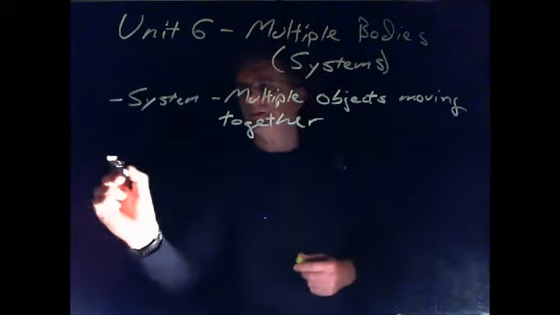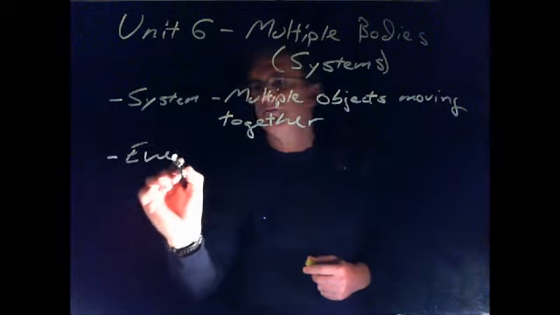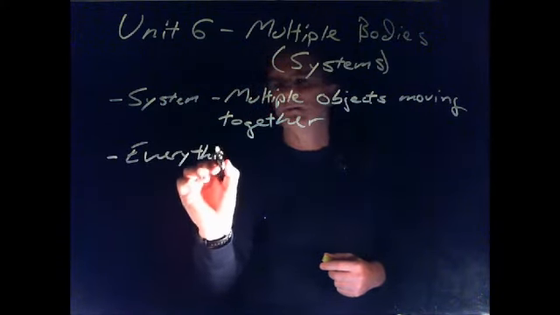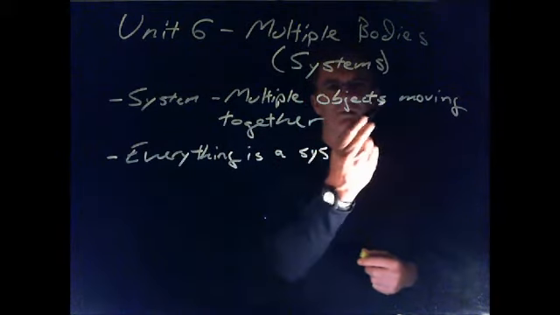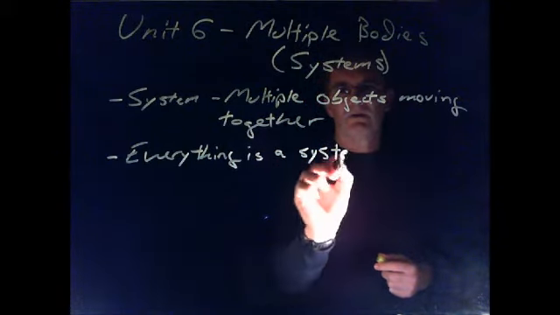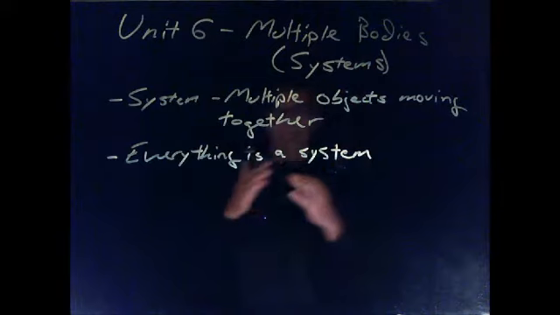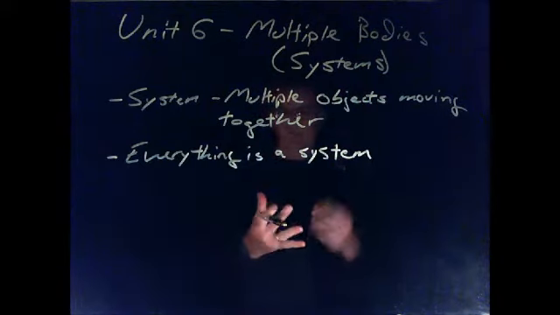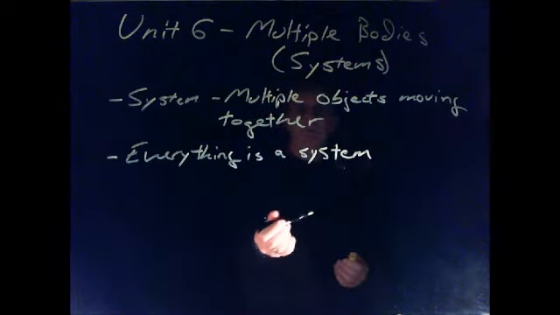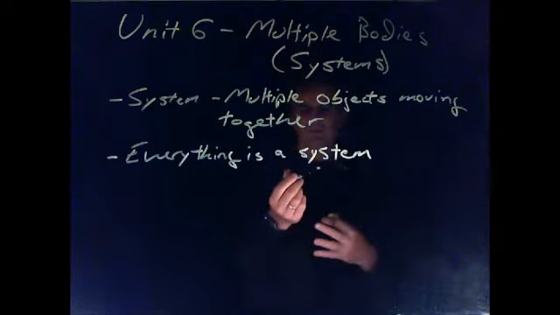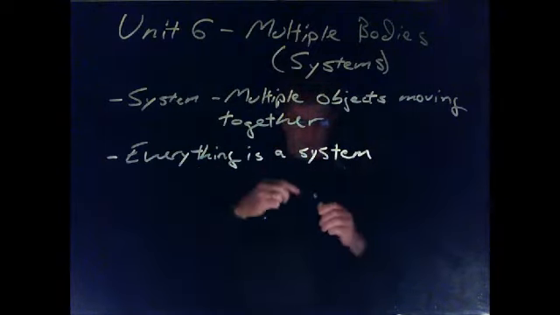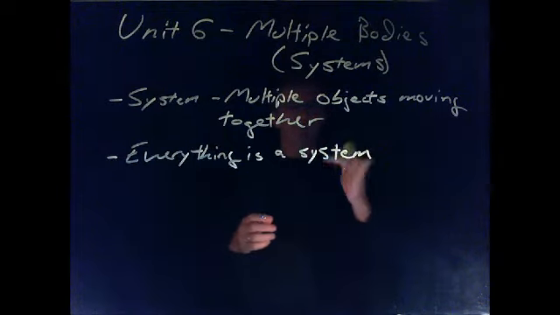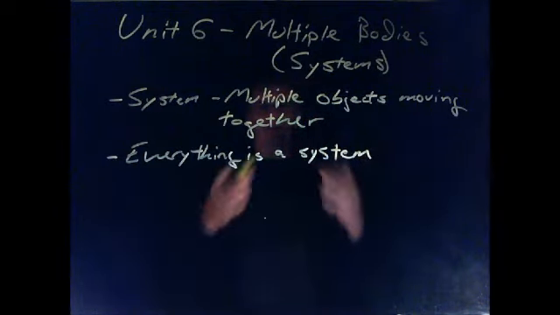Now, if you think about it, everything is a system. Everything, this marker, is made up of many objects, many bodies, and they're tied together. It's made up of many molecules. These molecules are tied together somehow, and so all the molecules in the marker itself move as a system.